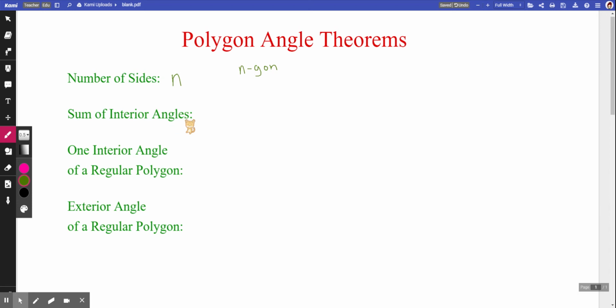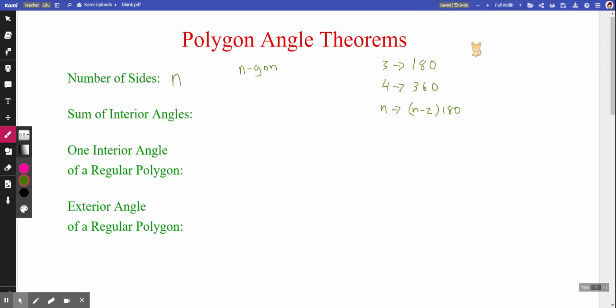So the sum of the interior angles, we've been doing that with triangles. Triangles was 180. Quadrilaterals was 360. And it turns out there's a pattern. What it is actually, you take the number of sides, subtract 2, and multiply by 180.